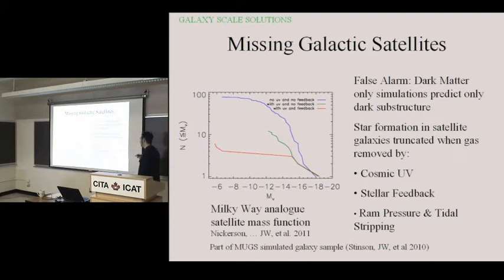Things like ram pressure and tidal stripping are very sensitive to resolution. You actually have to get the hydrodynamics of the satellite falling through the galaxy. So normally we have sufficient resolution to do the whole galaxy or galactic disk reasonably well. With small satellites, that's challenging. So I think this area is still going to be a subject of ongoing research for a while, to really pin down how that works.